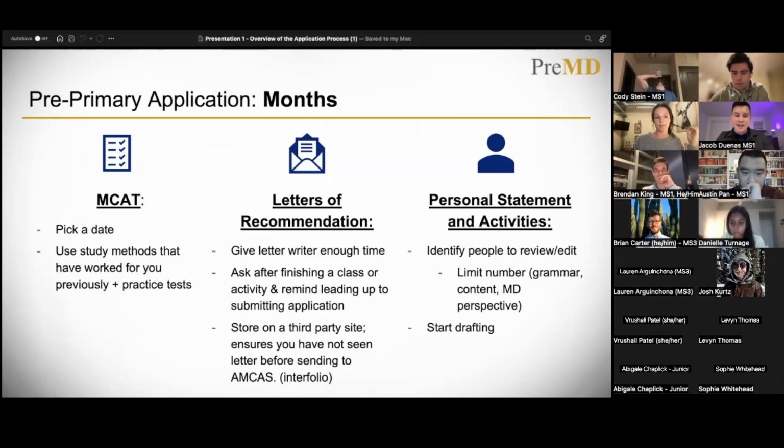And then getting to the period closer to the opening of the primary application. Again, the MCAT is something that you definitely should have squared away. The earlier the better, because it gives you an idea of ballpark schools that you would be a good fit for.